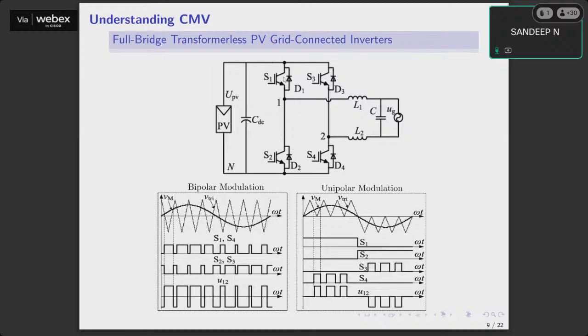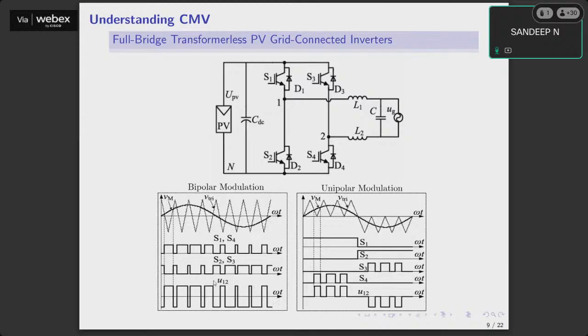Whenever S1 and S4 are on, terminal 1 is connected to the positive and 2 to the negative. So you have the DC voltage, UPV, as U12, the output voltage, equal to UPV. Whenever S2 and S3 are on, the terminals are reversed, so you have minus UPV. That is how we have generated an AC waveform.